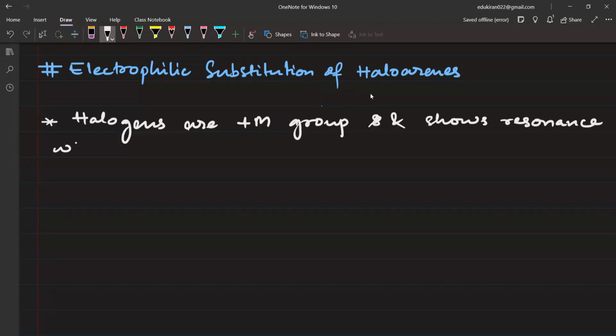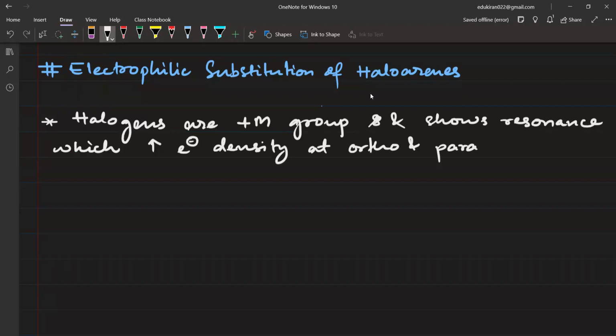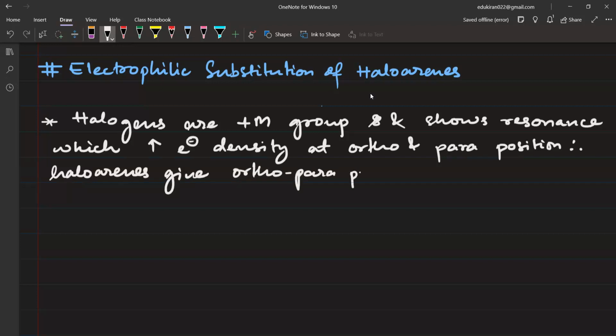It shows resonance, which increases the electron density at ortho and para positions. Therefore, haloarenes give ortho para product.